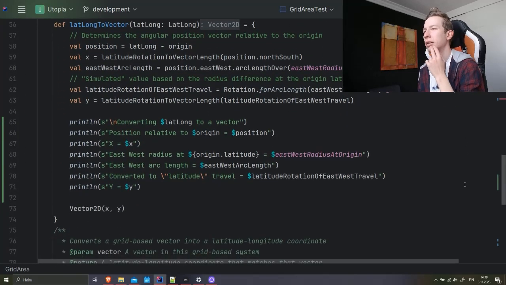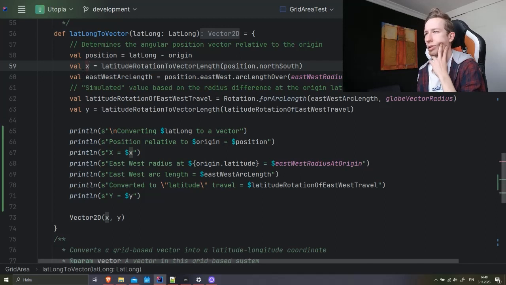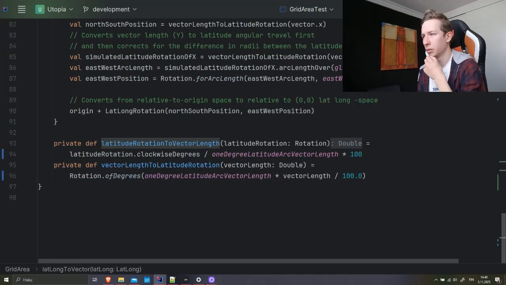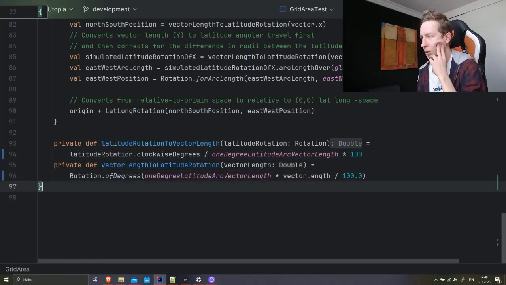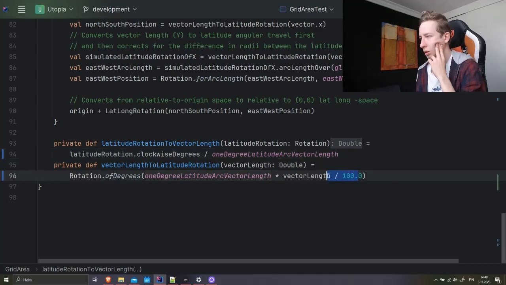So here, back here, x and y. Okay, yeah, it's a factoring function. So here we have it's hard coded times 100, which, I mean, shouldn't be here anymore.